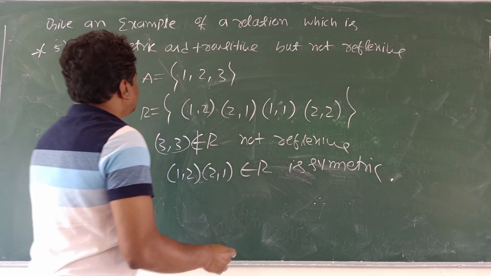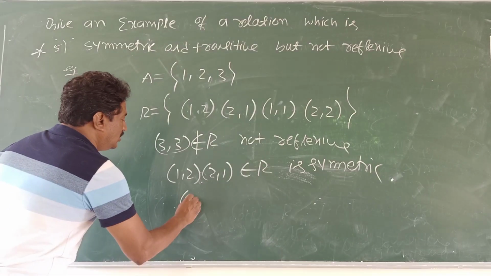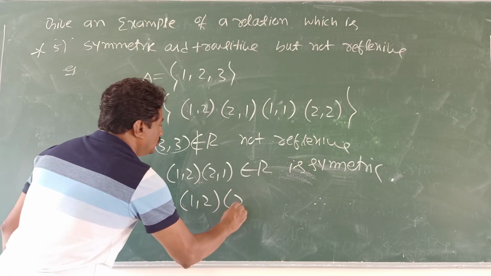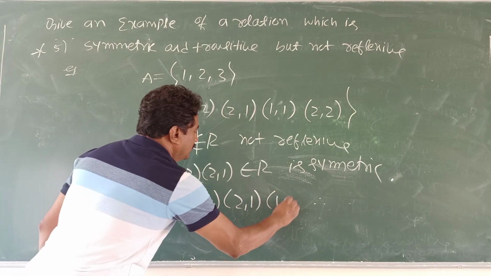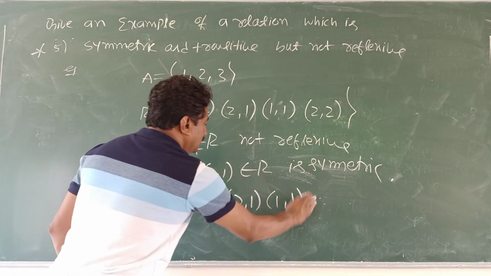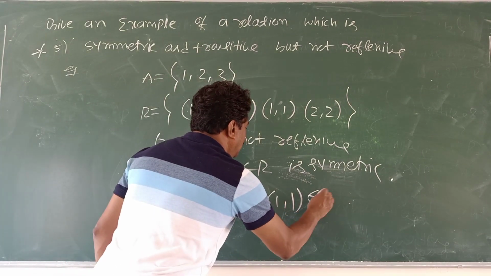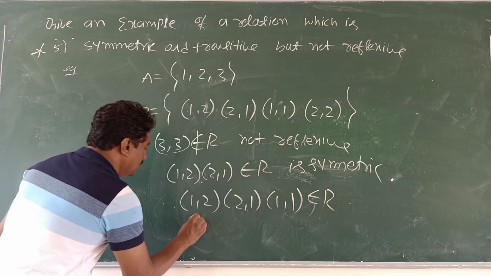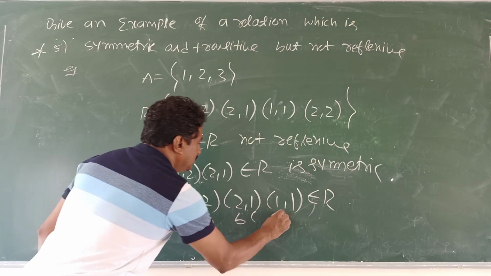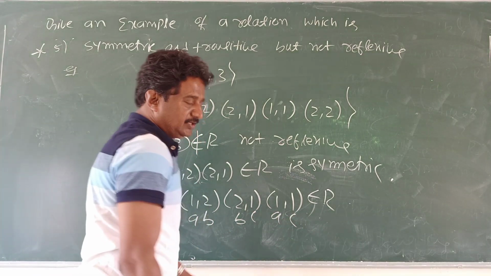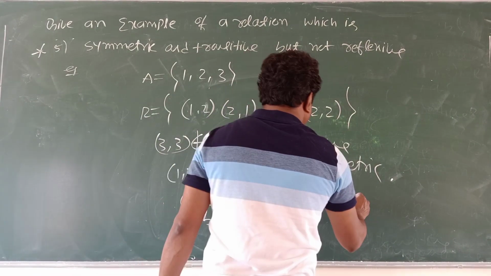This is transitive also, because (1, 2), (2, 1) gives (1, 1), which belongs to R. (a, b), (b, c), (a, c) belong to R. Therefore it is transitive.